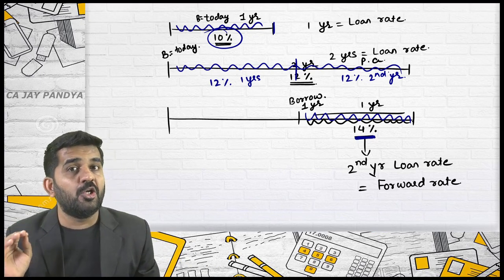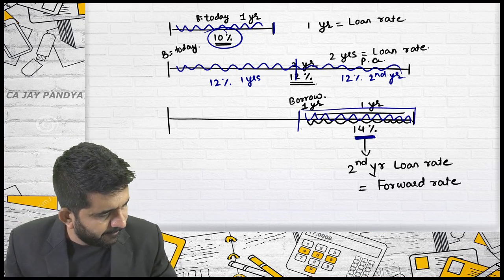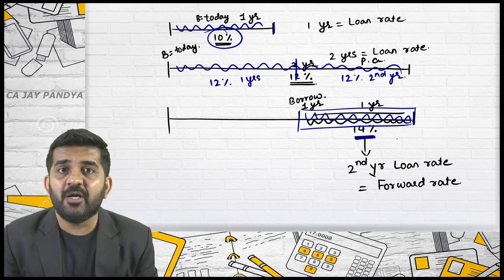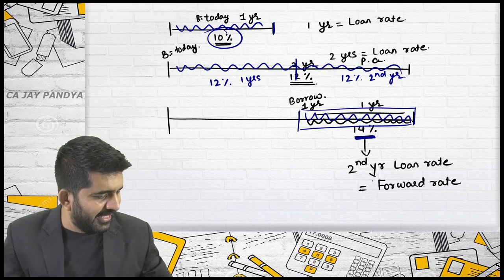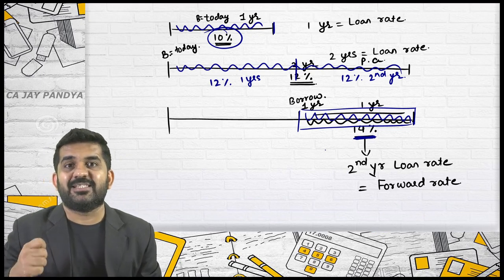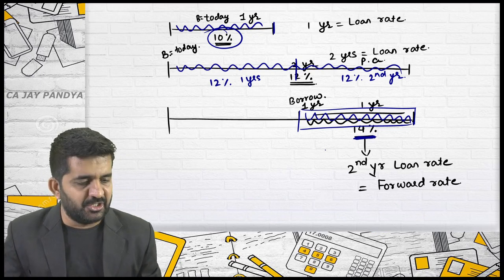If you want a loan only for second year, then it will be available at 14%. It is a second year's interest.